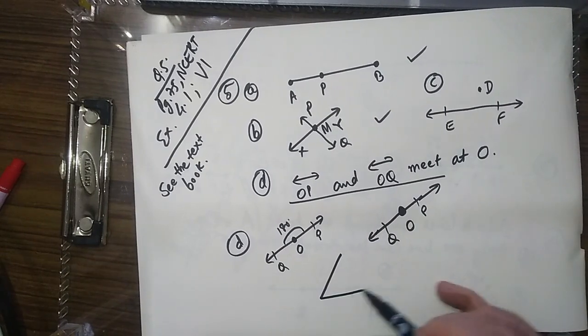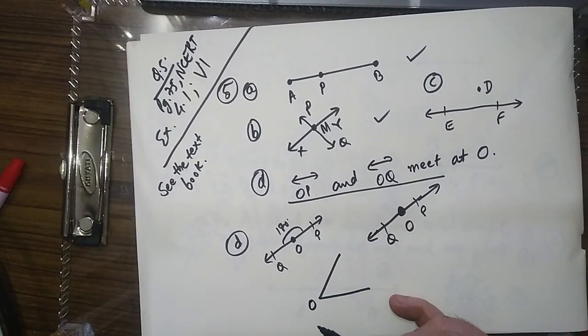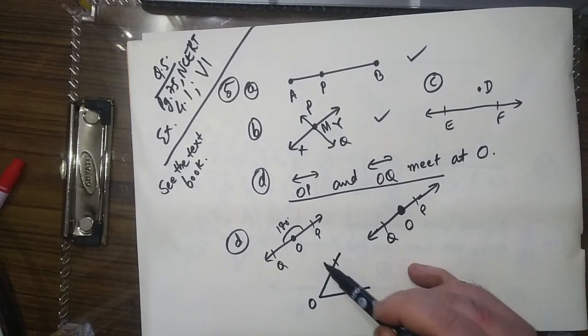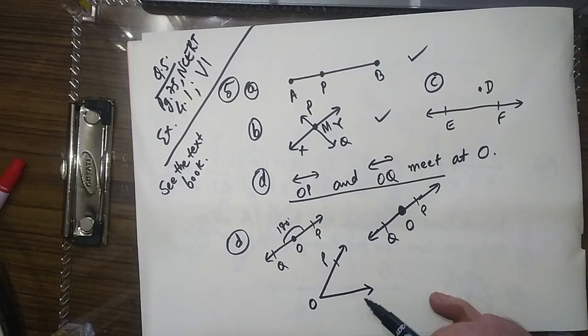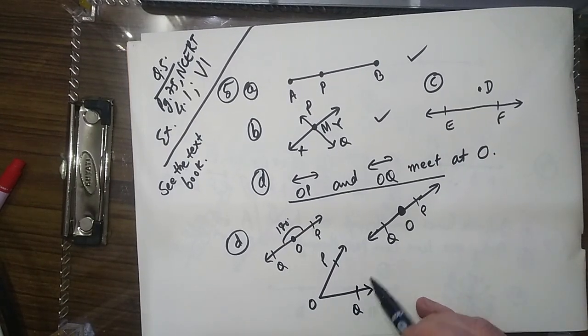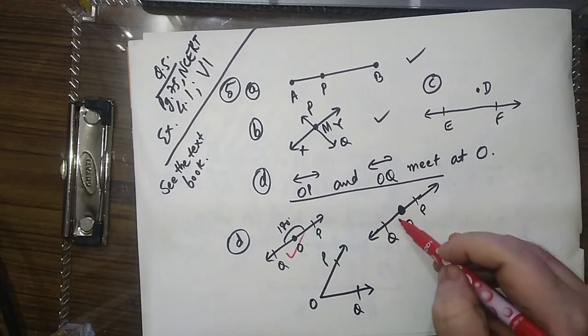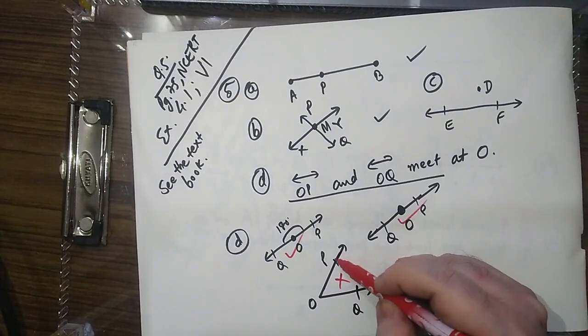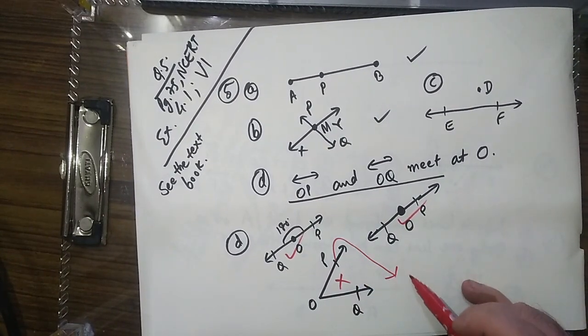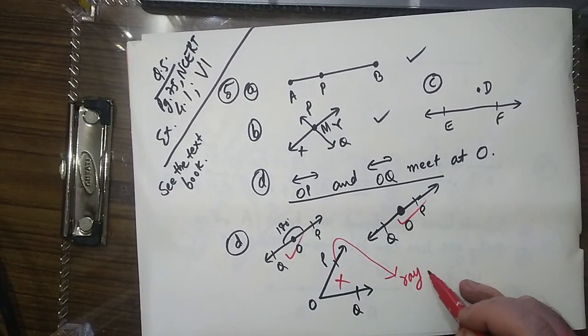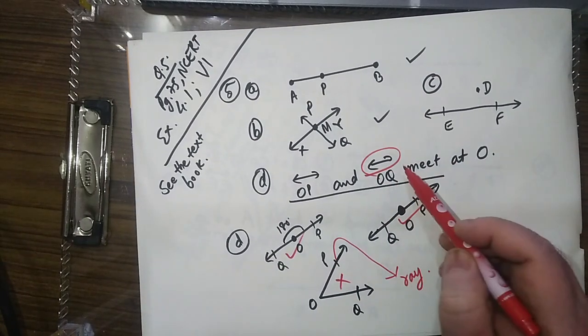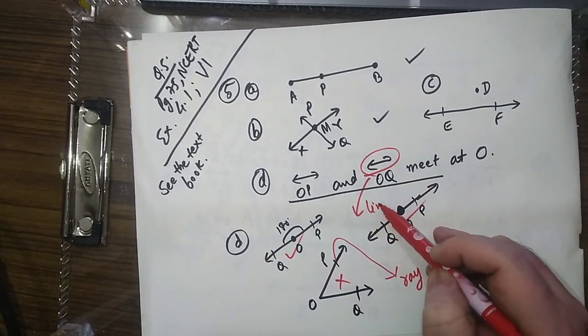So if I make it angular, say if I write O here, P here and Q here, then this will not be a line. This is correct, but this will be wrong. Why? Because this is not a line, this is a ray. In the question we have been given a line, so we have to draw a line.